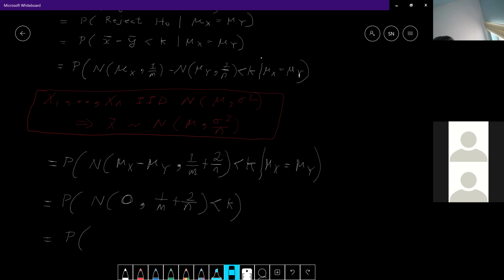I'm going to divide both sides by the square root of the variance.